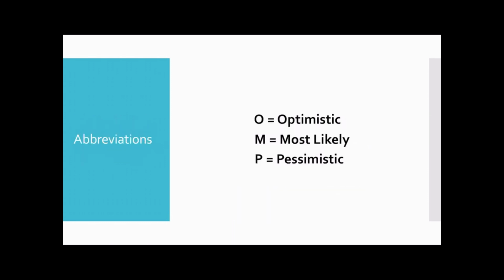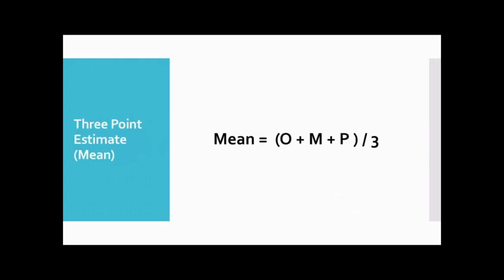Okay, let me come to the three-point estimation. Some more abbreviations. O stands for optimistic estimate, M stands for most likely, P stands for pessimistic estimate. The three-point estimate is also called the triangular estimate. It's optimistic plus most likely plus pessimistic, whole divided by 3. It's like O plus M plus P whole divided by 3. You get three estimates from your team and then you apply this formula and get the mean.